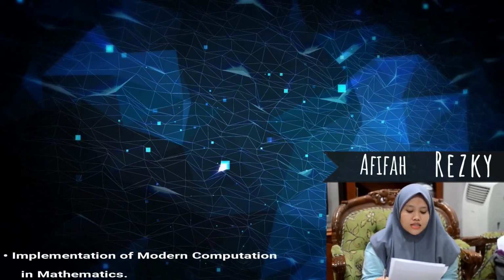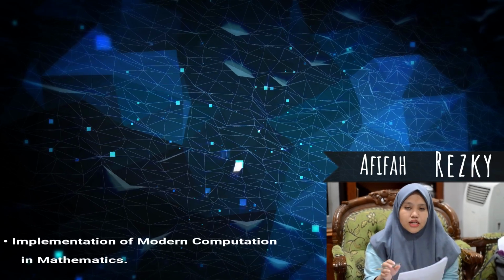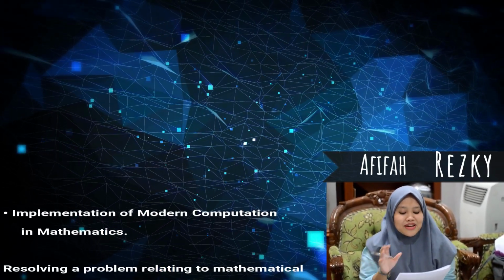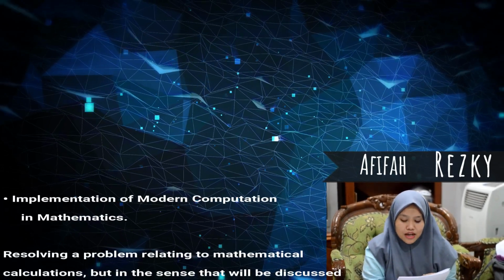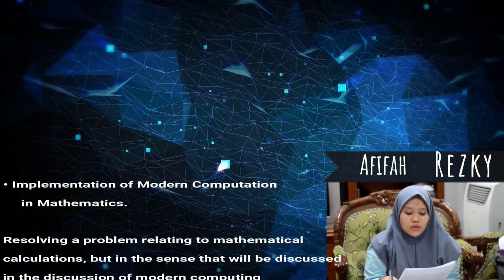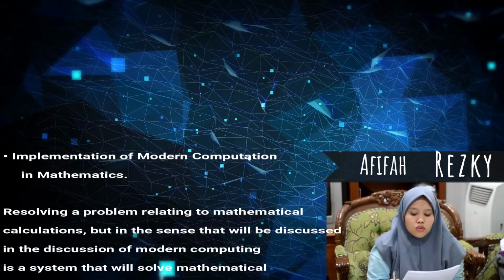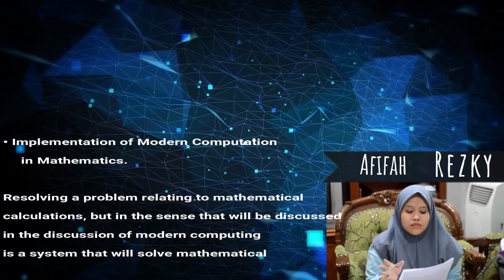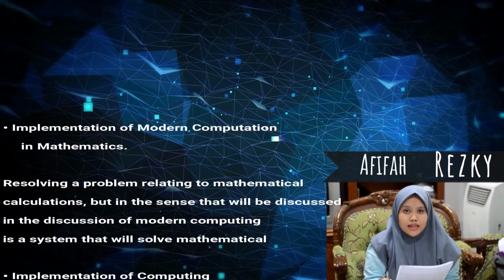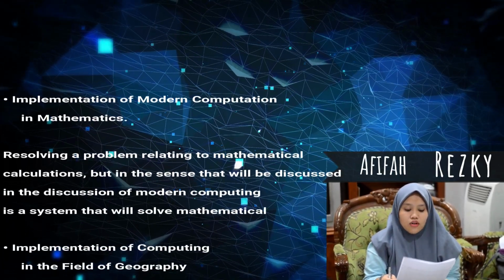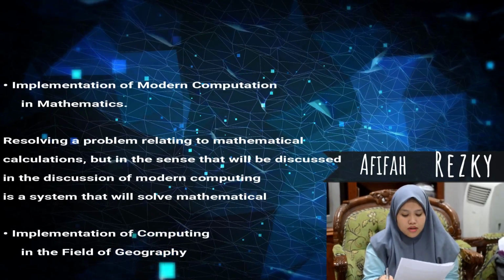The third is implementation of modern computation in mathematics. Resolving a problem relating to mathematical calculations, but in the sense that will be discussed in the discussion of modern computing systems that will solve mathematical problems using a computer by compiling algorithms that can be understood by computers that are really useful for solving human problems.